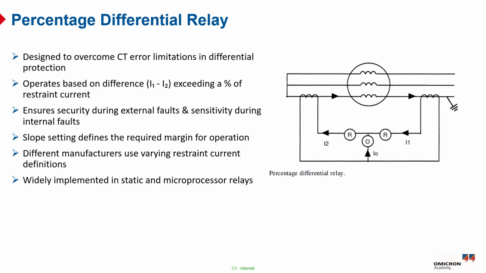So it's essential to understand the relay-specific logic when setting or testing these relays, based on the relay manufacturer. Last but not least, the principle originated from the electromechanical design, but it has been widely adopted in digital relays for its effectiveness and flexibility, often with programmable characteristics and self-adaptive settings.